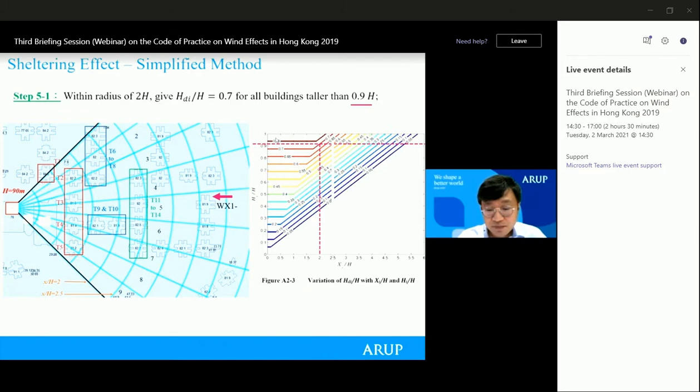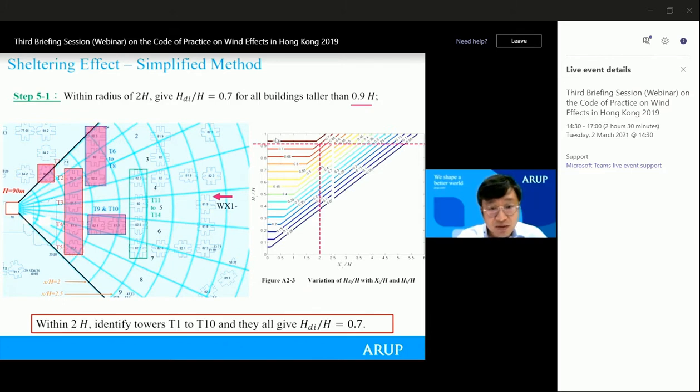As shown in the simplified approach, within the radius of 2 times H, for all the buildings which are taller than 90% of H, where H is about 90 meters, so this is about 81 meters. Any building within 2 times H and taller than 81 meters will be given HD over H as 0.7, highlighted and shaded in red color.